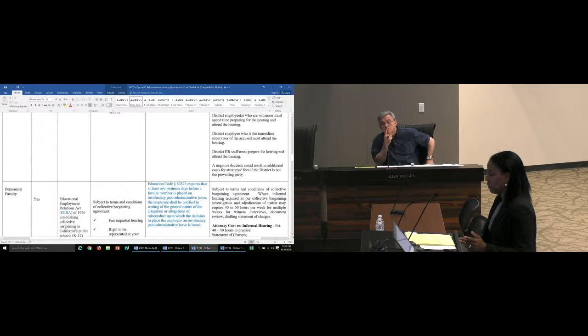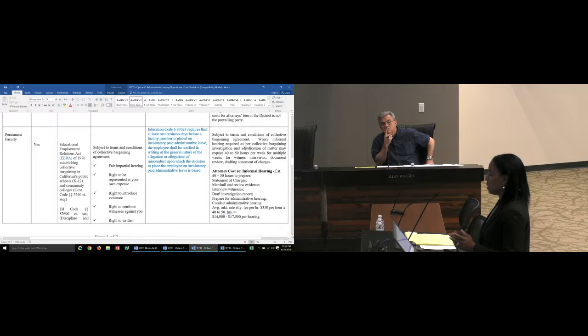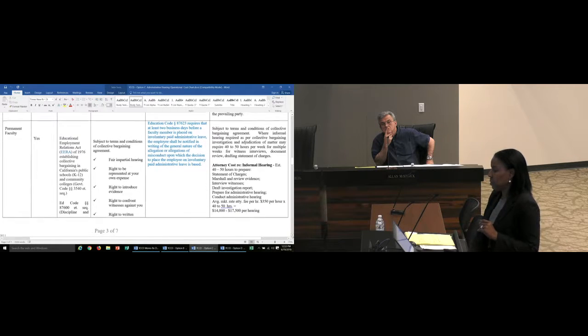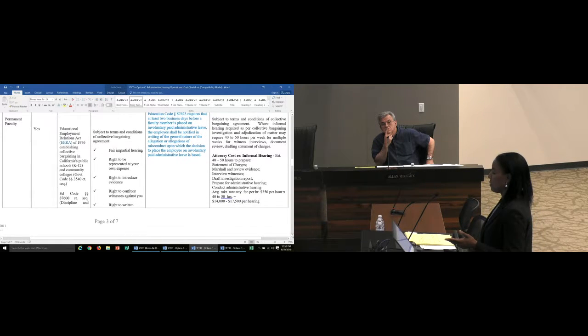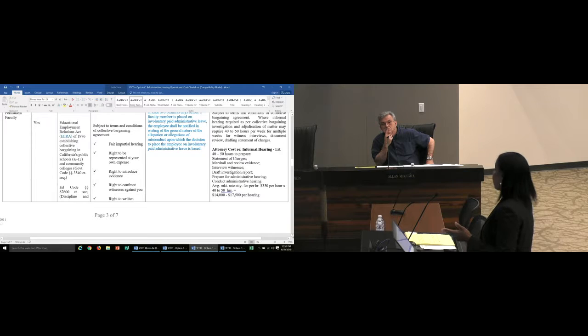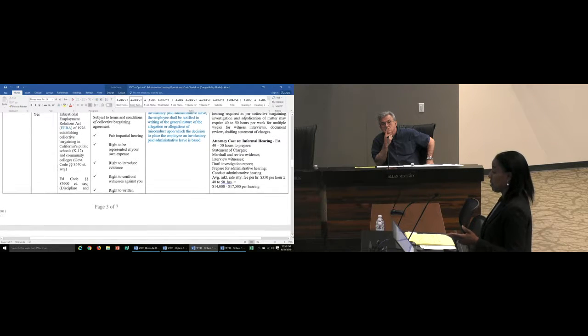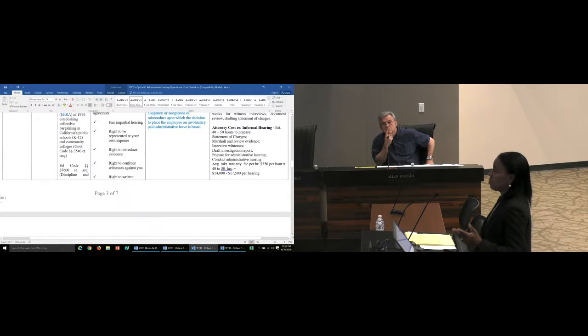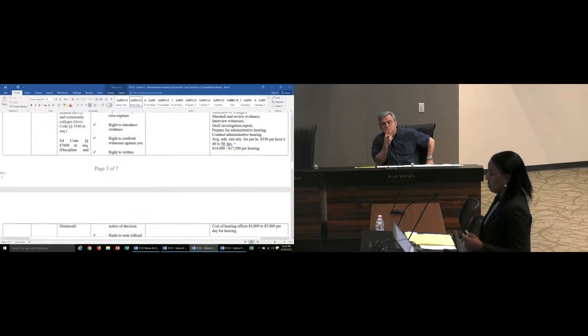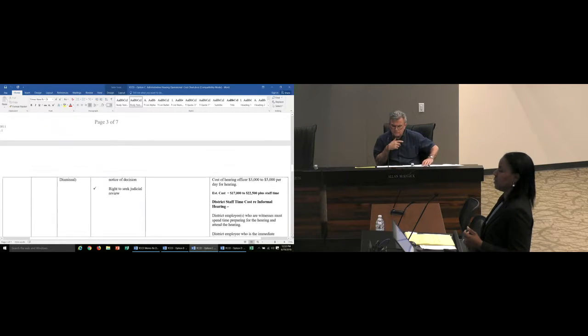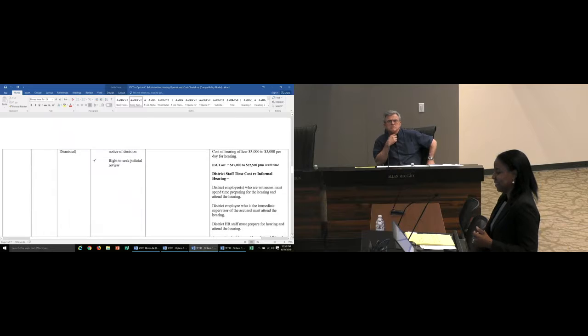Then when we get to permanent faculty, we follow the collective bargaining agreement, and we would go with the discipline process that's in the agreement, because I want to respect the process of the statute and I don't want to presume that I know better than the collective minds of the people that go through that process.